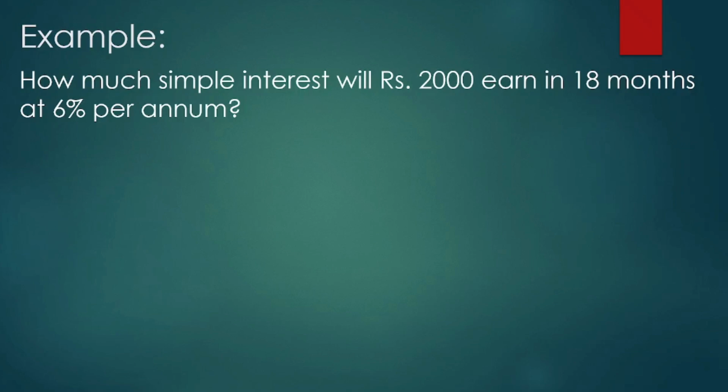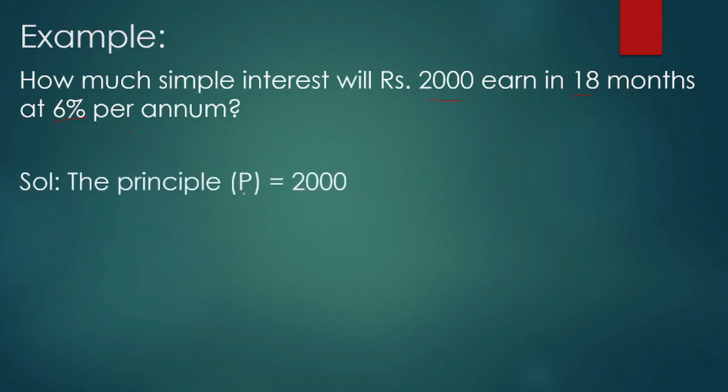Now we see another example for simple interest. How much simple interest will rupees 2000 earn in 18 months at 6% per annum? Here we have the principal amount, the time period and also the rate of interest.